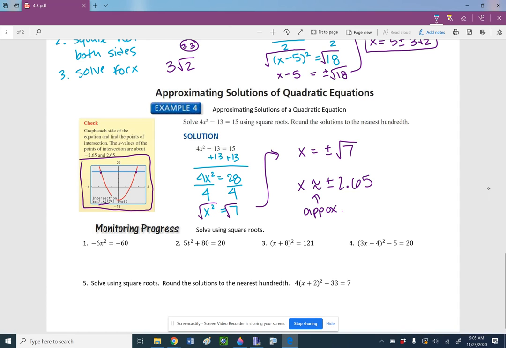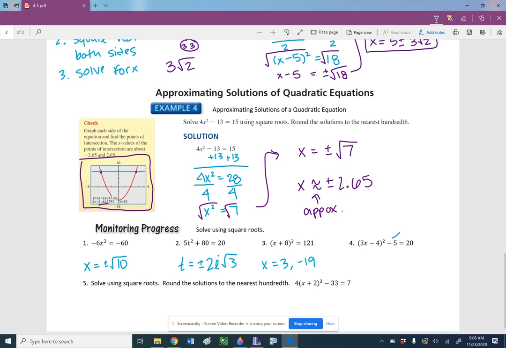Okay, so for number 1, you should have gotten x equals plus or minus the square root of 10. For number 2, t equals plus or minus 2i root 3. For 3, x equals 3 or negative 19.